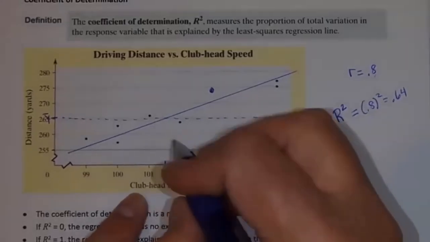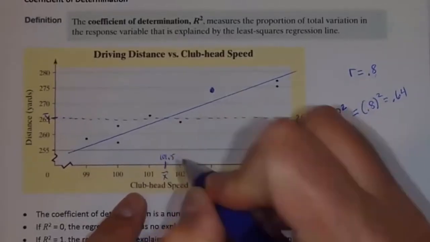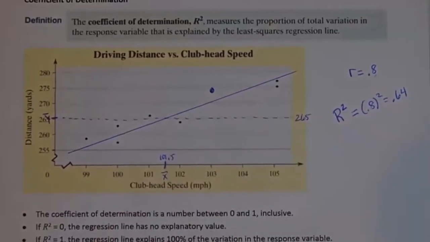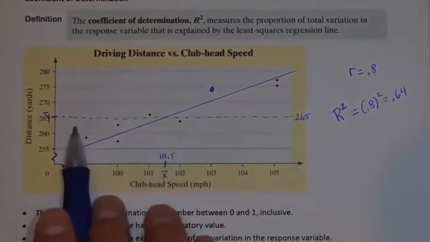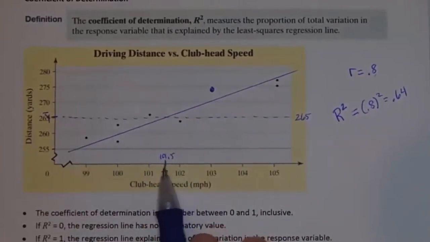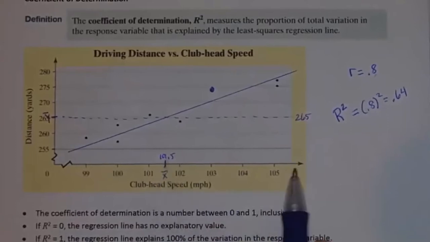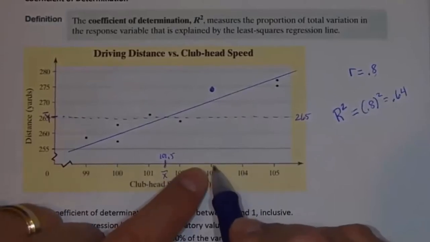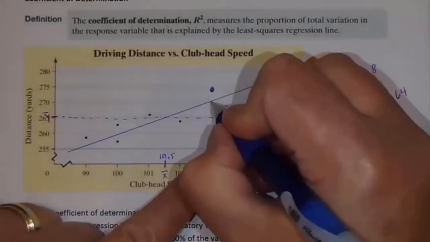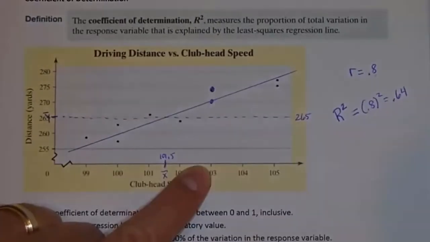So if the average speed, and again, I just kind of made this up, was 101.5, and if I swing the club at 101.5, I would expect the ball to travel 265 yards. But if I swing slower than 101.5 miles per hour, I would expect the ball to go less distance. And if I swing faster than 101.5 miles per hour, I would expect the ball to go further. In fact, if I swung the club 103 miles per hour, I would have expected the ball to travel around 270 yards using the regression line.